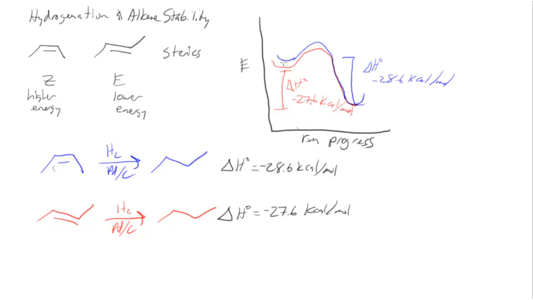So what that actually showed us is right here, there's a difference of 1 kilocalorie per mole in the stability of the starting materials, or in the stability of these two alkenes.